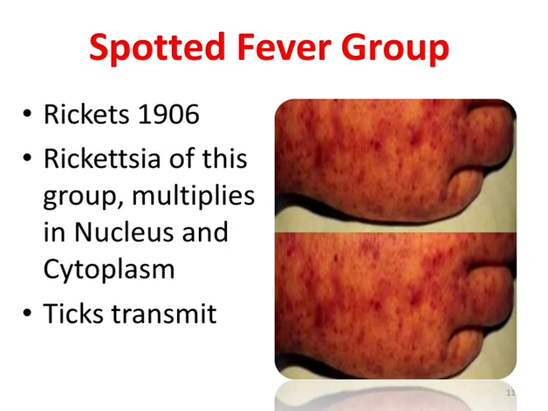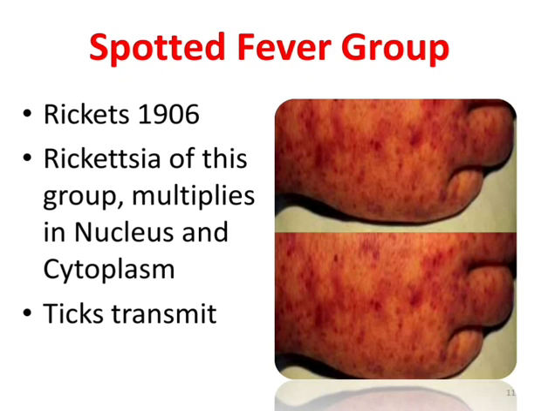This is an example of a spotted fever group. This was identified in 1906. Rickettsiae of this group multiply in the nucleus and cytoplasm. This spotted fever is transmitted by ticks. The major vector is the tick.